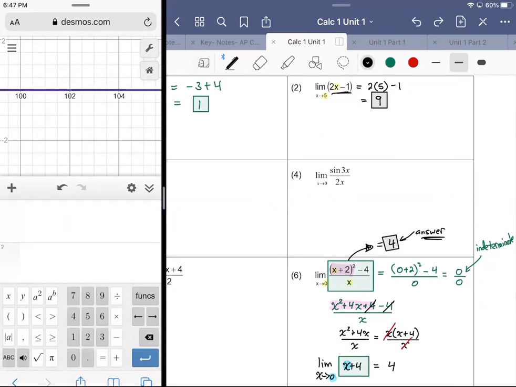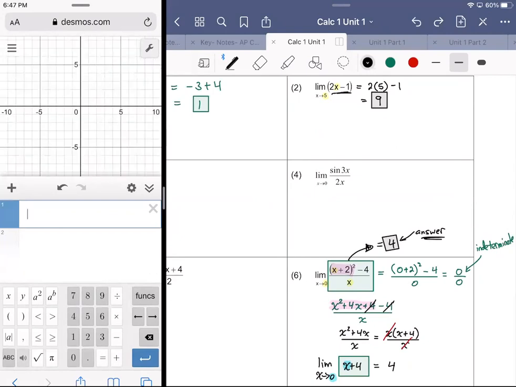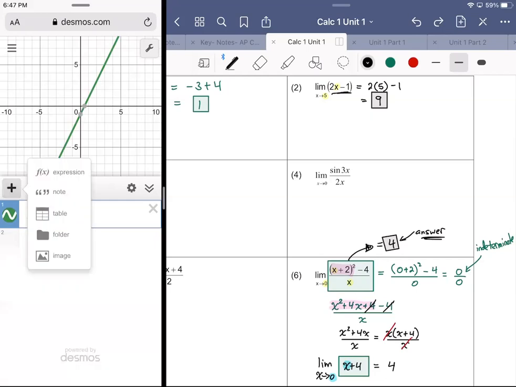It goes back to something that we were talking about before we started getting into limits, something that seemed like sort of a throwaway topic where you're like, all right, here's just another thing to study, I guess. But if I put in y equals 2x minus 1, what we're looking at here is a linear function.